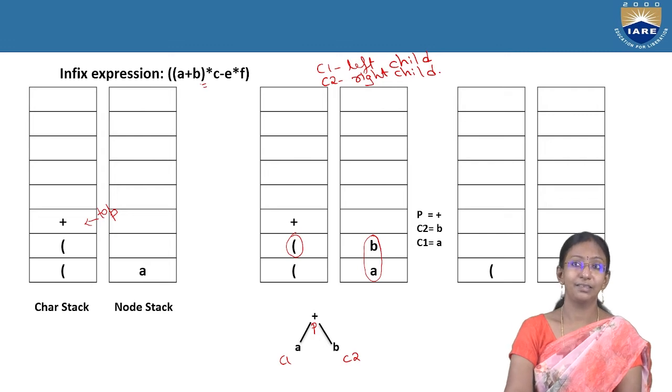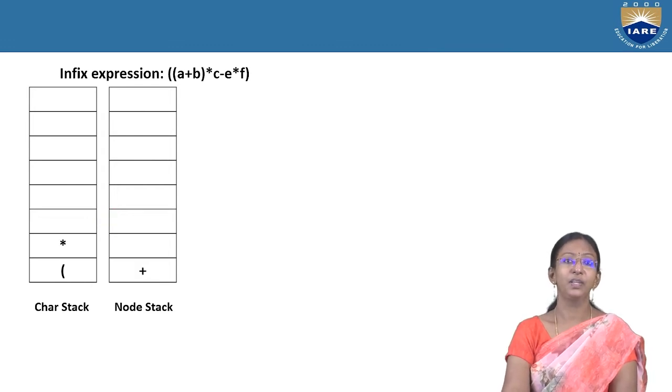So what is the next character? Multiplication. As it is an operator and there is no operator on top of the character stack to compare, there is no argument out there, so simply push it into the character stack.